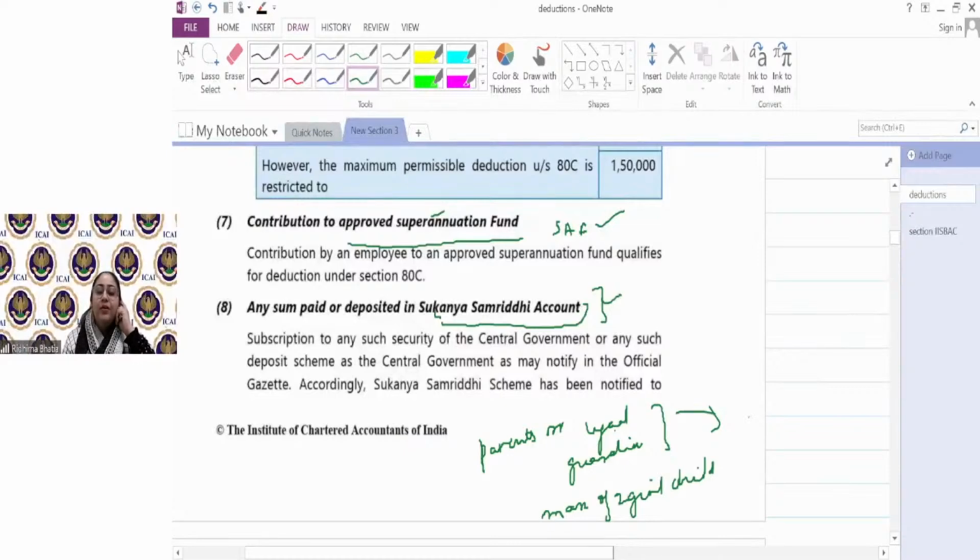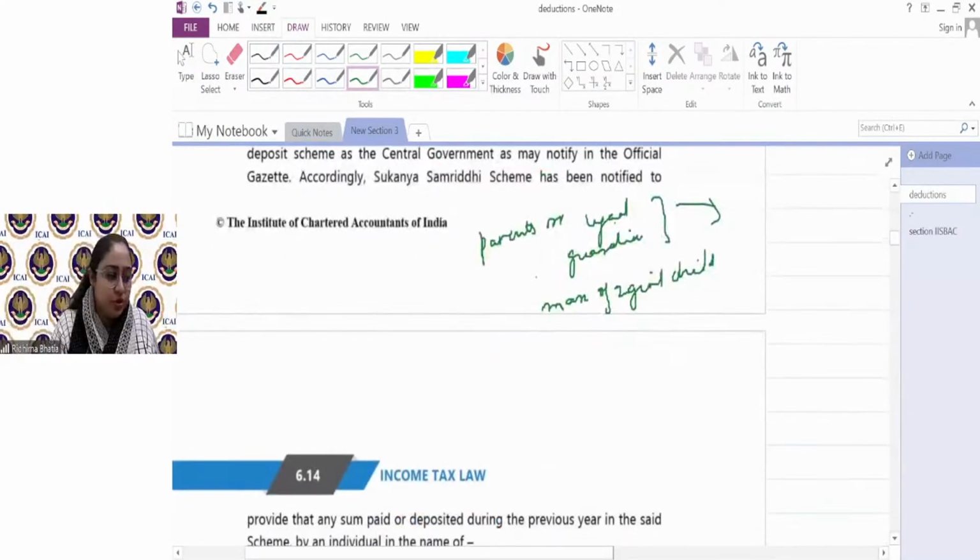Now, the moment I'll open this account, whatever deposits I'm making during the year in this account would be allowed as deduction under section 80C because the deposits are made to Sukanya Samriddhi account. Generally, इसका maturity guys बहुत late होता है, 15 years या when the girl attains the age of 21. Then this particular thing gets matured.